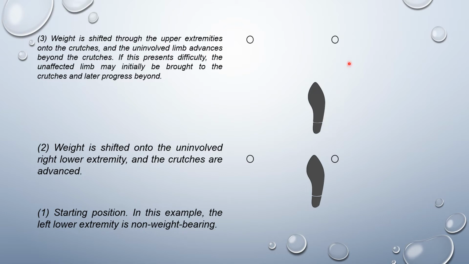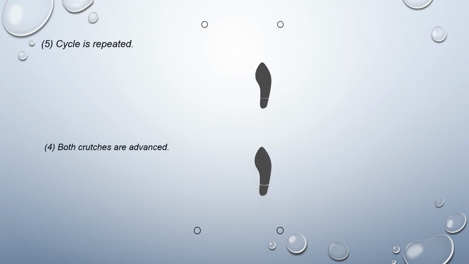But the right thing to do is you have to make your foot, the unaffected leg, to be advanced beyond your crutches. Okay, that is your three, so the indicator would be then both crutches are advanced. So after the foot being advanced, you're going to advance again the crutch. So the cycle is then repeated.